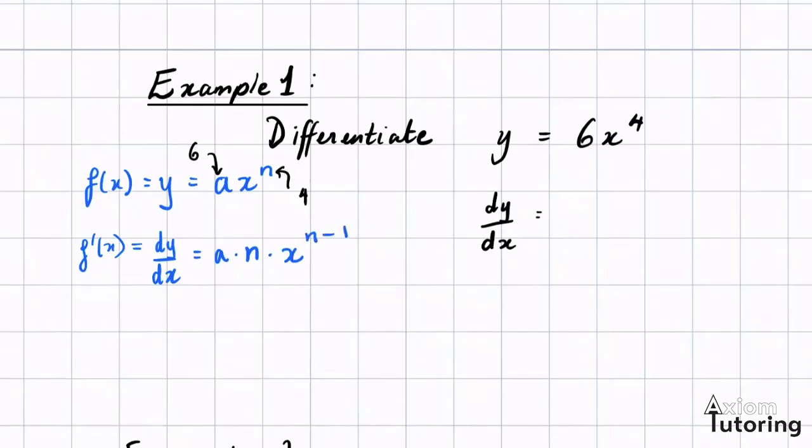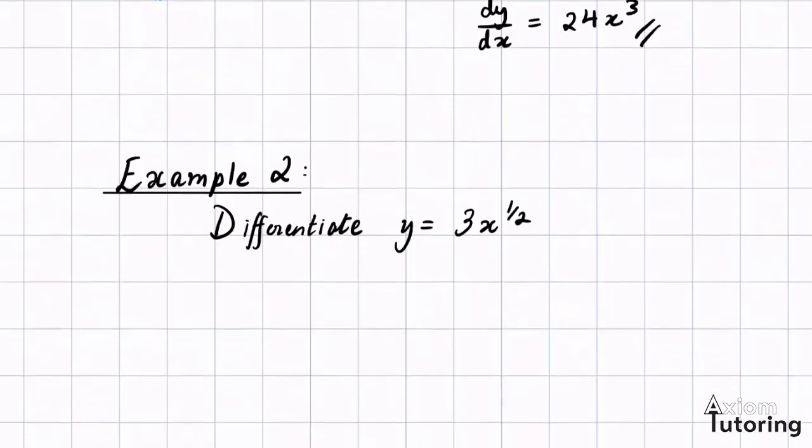So what does that give us? a is just 6 multiplied by our n, which is 4, multiplied by x to the power of n minus 1. Well, n is 4, so 4 minus 1 is 3. So our derivative of 6x to the power of 4 is 6 times 4, 24x cubed.